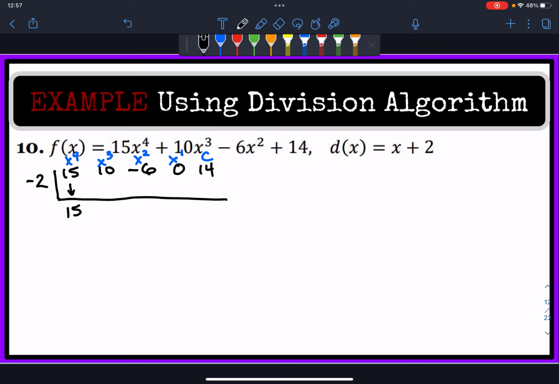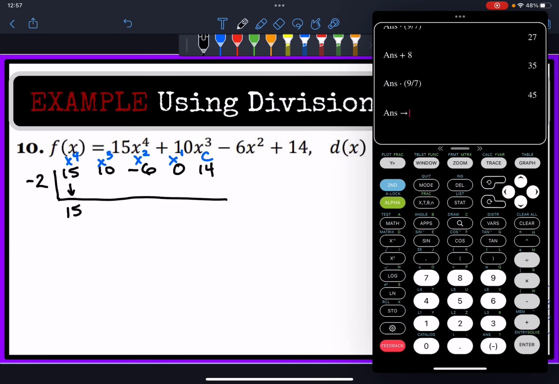Let's get our calculator out here so I don't make any mistakes. So 15 times negative 2, that's negative 30. We're going to add 10 to that, and that's negative 20.